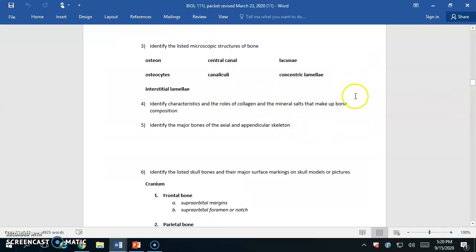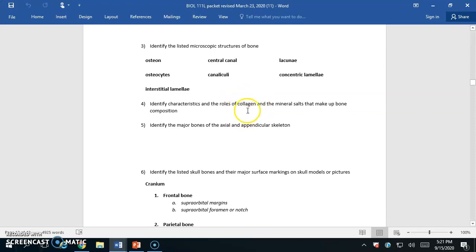Number 4 has to do with the components that make up that bone tissue. So like the microscopic picture we just looked at, the slide of bone tissue. So the little ions and molecules that are actually part of that bone tissue, you should know that collagen is the primary protein in bone.